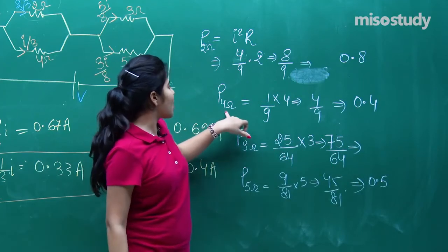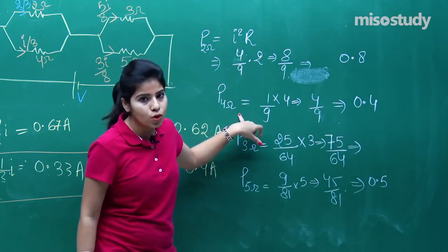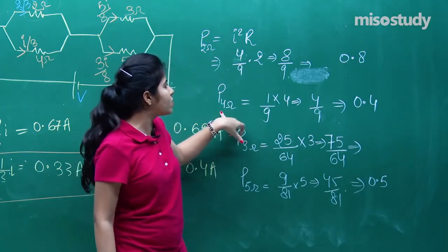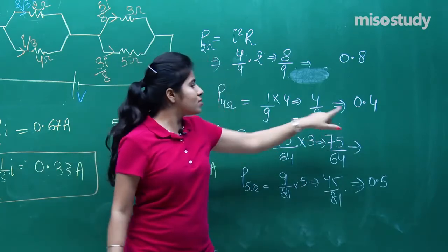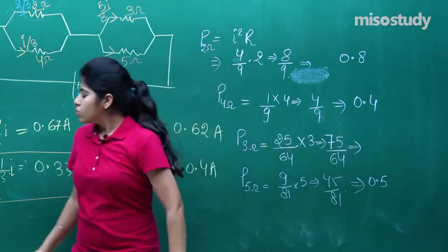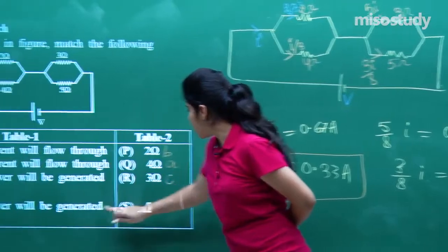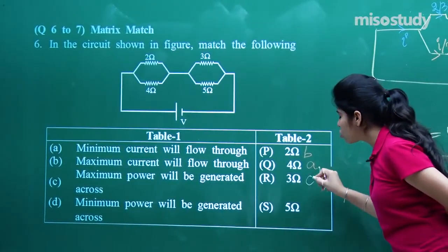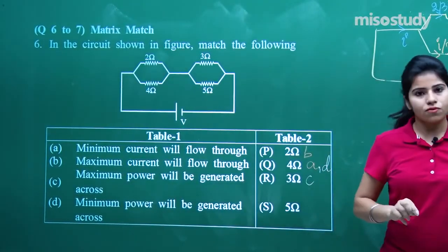So I can see that the minimum power is generated across 4 ohm resistance, that is 0.4. So minimum power across 4 ohm, that means this should be the correct answer for this.